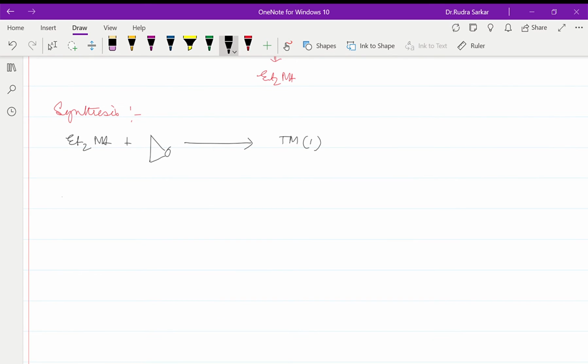Let us consider a bigger molecule. Let us consider the retrosynthetic analysis of a bigger molecule. Let's say this one. Okay.